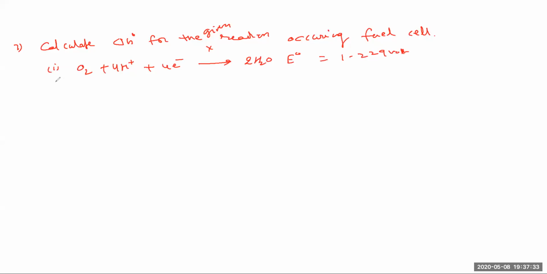And the second point is 2H2. The oxidation, the above one is reduction. Here E naught is hydrogen electrode, 0.00.